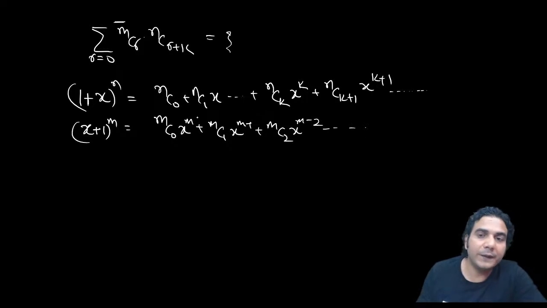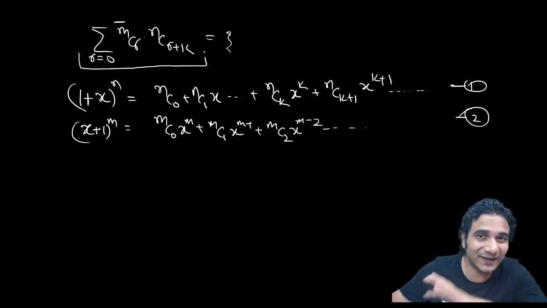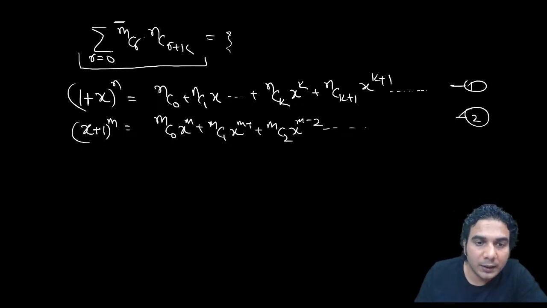If you multiply the first and second equation, you can see where the coefficient of x raised to something comes.